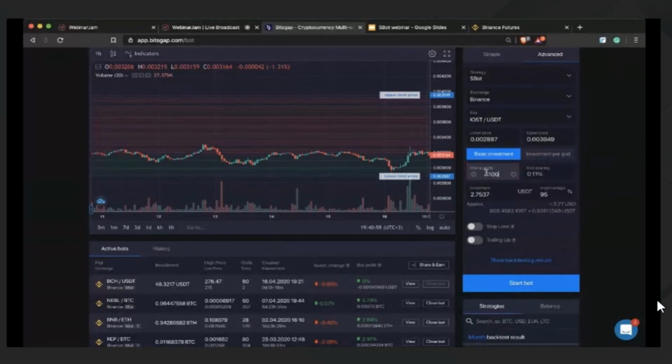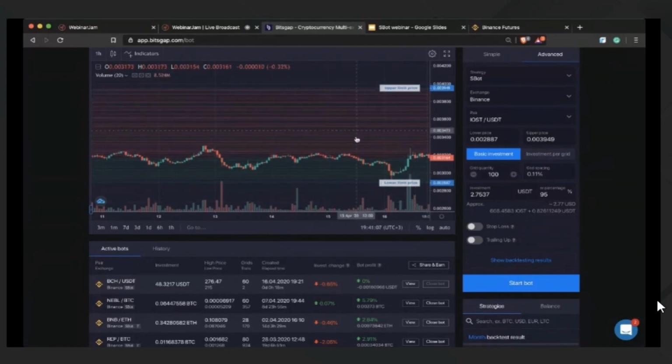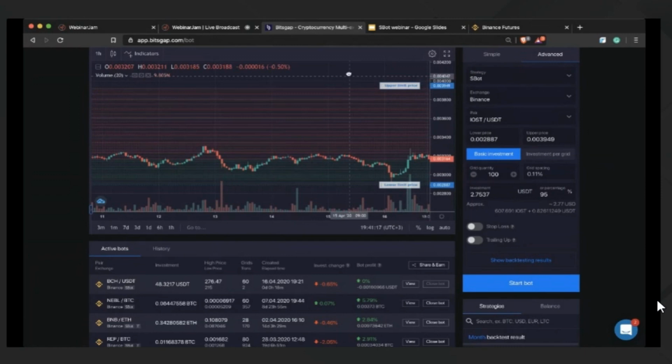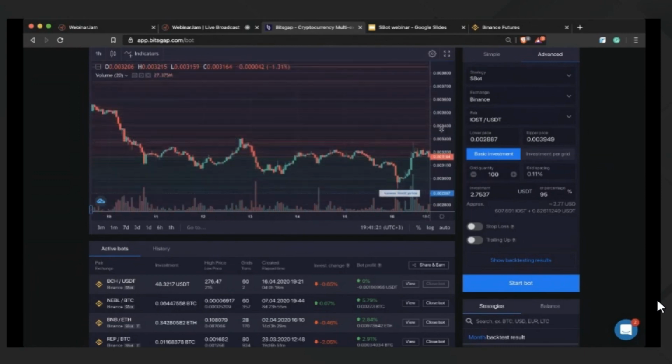You can also put, let's say, 100. That means that you will have more frequent trading. That means you have now more levels, so there are more chances that you will seize almost every market swing. You know that there are some cryptocurrency pairs that are trading in a very, very tiny range.